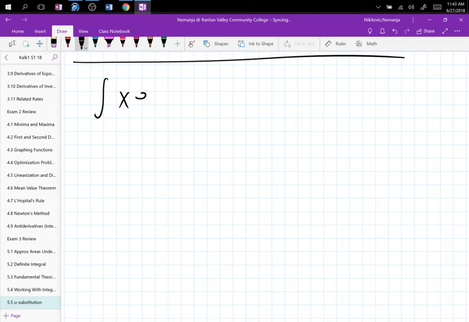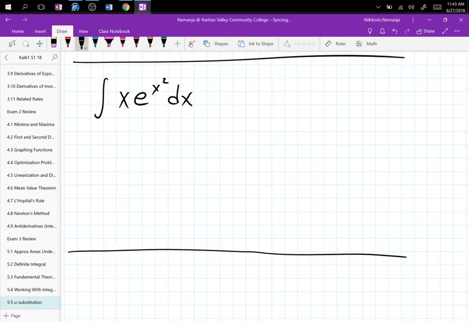Integral of x e to the x squared dx. So that's one. Oh, this looks like problem 19. This was problem 18 and 19. Nice. Okay, 18 and 19.